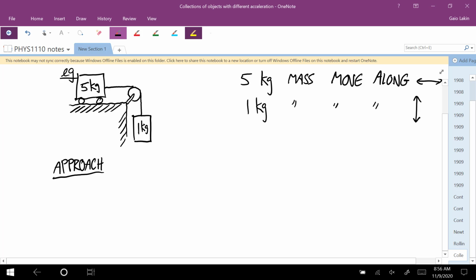The first thing we're going to do is draw a free body diagram and use Newton's second law for each of these two objects individually. So with Newton's second law, you have to remember a free body diagram for every Newton's second law, for each object.